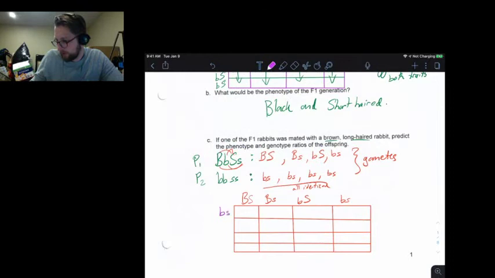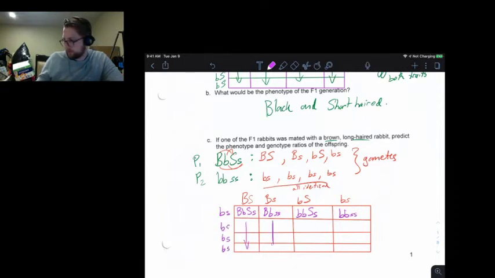I'm going to take my allele from the top and an allele from the left, top, left, top, left, top, left. And then because all of these are the same, we are actually going to see that these are all identical all the way down.